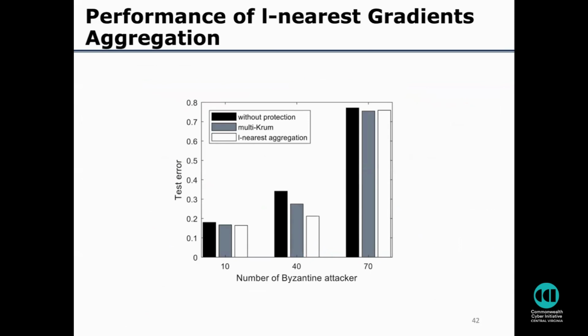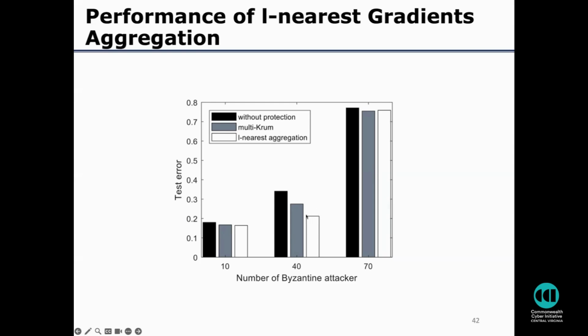We further compare the performance of the proposed L nearest gradient scheme with one state-of-the-art scheme. The black column here is the baseline, which has no scheme against the Byzantine attack. When only 10% of the data holders are Byzantine attackers, our proposed scheme and the Multi-Krum scheme have similar performance. You can see here.